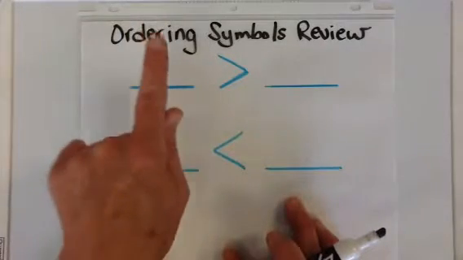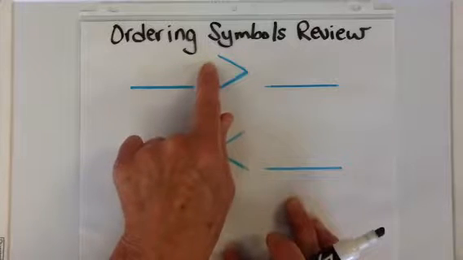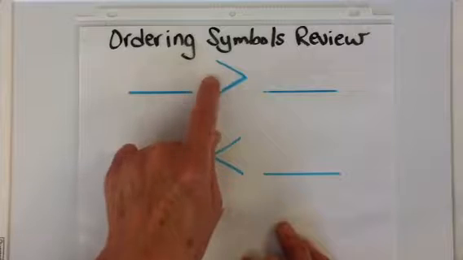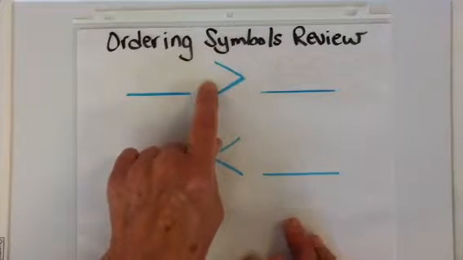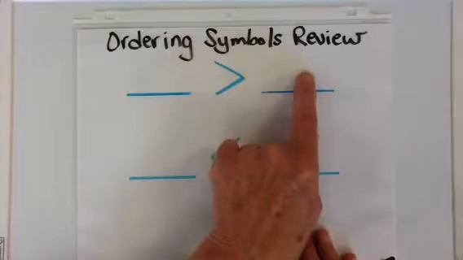And so put your finger on the number that you say first, and then drag your finger from left to right, and pay attention to what you come to first on the symbol. On the symbol, you come to the wide end first, so you're going to say is greater than. And then you would say the second number.